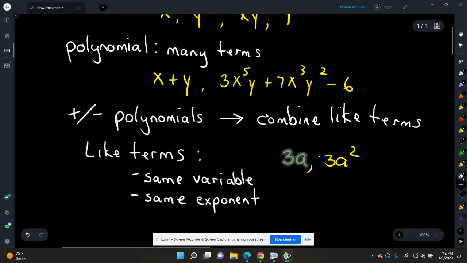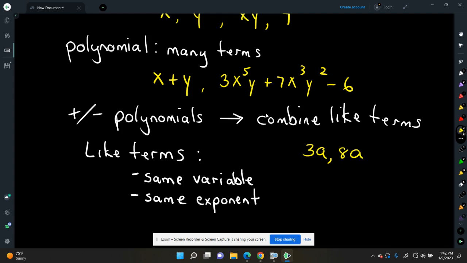So some examples of like terms. 3a and 8a. I can combine those. That would equal 11a. Negative 5x squared and 2x squared. Those are like terms.